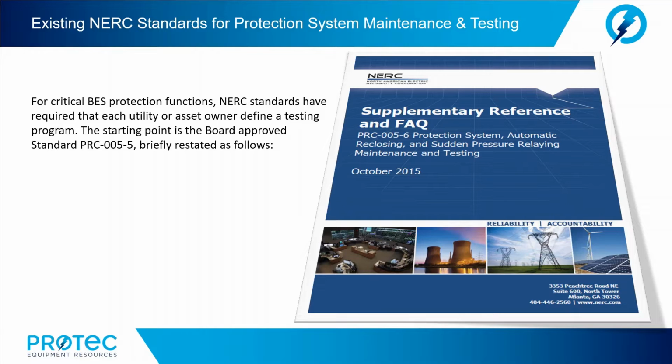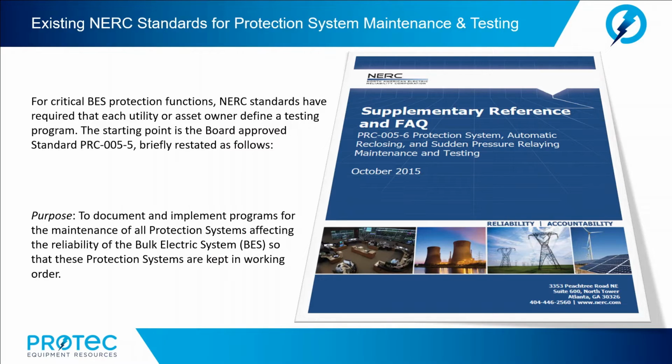The starting point is the board-approved standard PRC 005-5, briefly restated as follows. The purpose: to document and implement programs for the maintenance of all protection systems affecting the reliability of the bulk electrical system so that these protection systems are kept in working order.